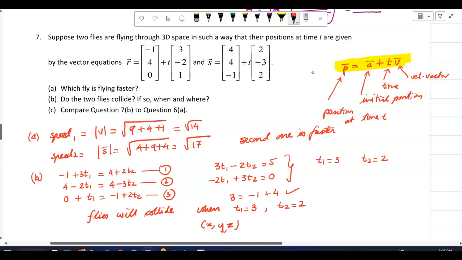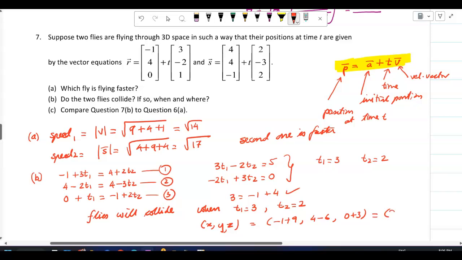Where are their coordinates? So if I put 3 in the first one, what will it be? Minus 1 plus 9, I'm putting it here. And 4 minus 6. And then 0 plus 3.